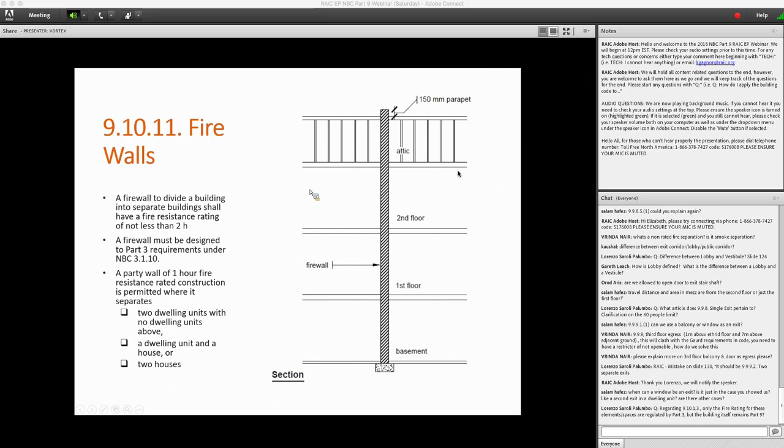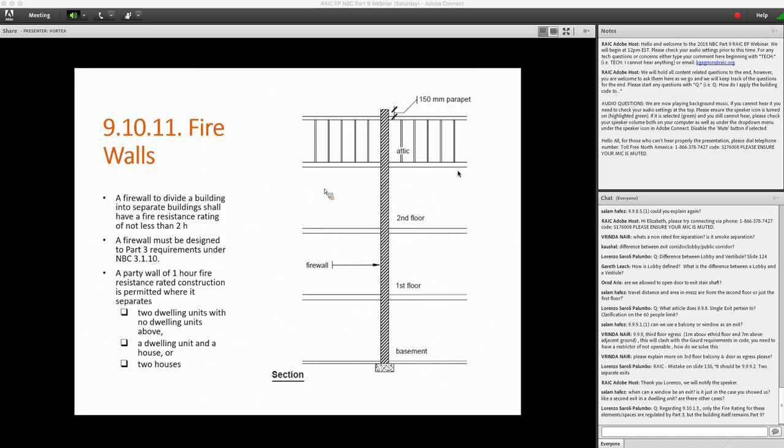Subsection 9.10.11, firewalls. So firewalls are special fire separations that typically subdivide a building into 2 or more portions, for the separate portions to be considered as separate buildings for the purpose of fire protection.